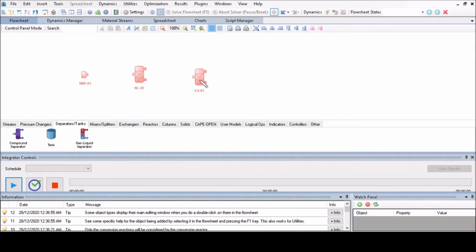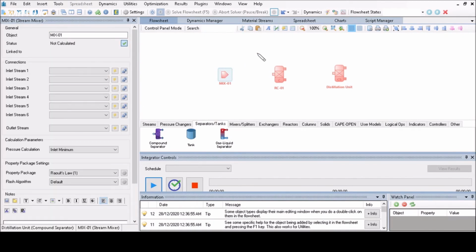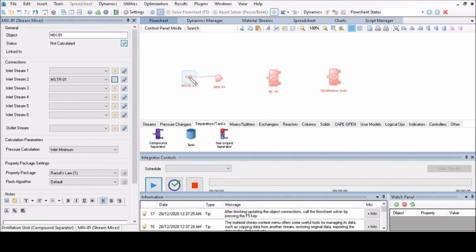We could just name this a distillation unit for coherence to the problem. We then begin by inputting the streams. So in our mixer we have the streams nitrogen and hydrogen.